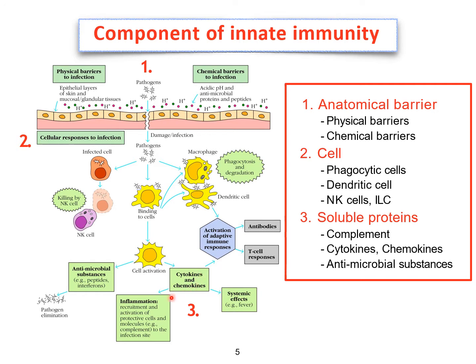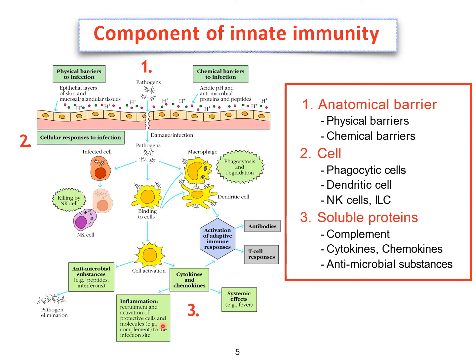And also cell activation will produce cytokines and chemokines, which will further help in the production of fever and inflammation and antimicrobial substances leading to pathogen elimination. So these are the cellular responses.